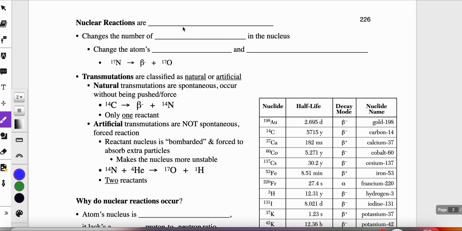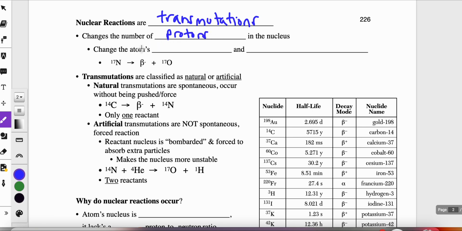Nuclear chemistry, and no matter the type, nuclear reactions are known as transmutations. What happens in a nuclear reaction or in a transmutation is that this process actually changes the number of protons in the nucleus.